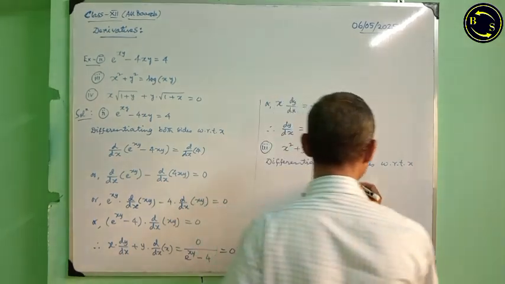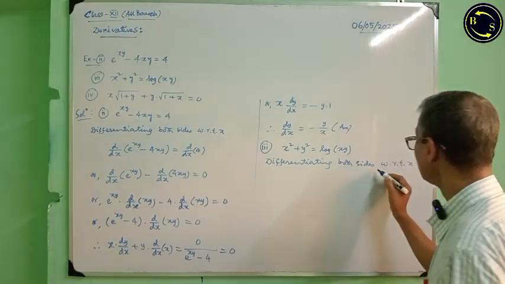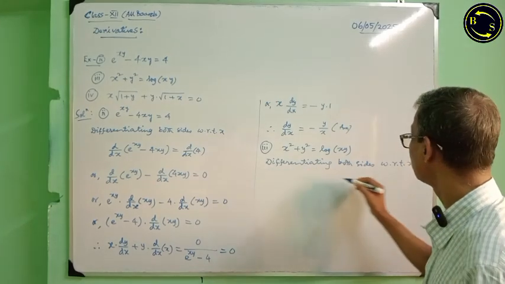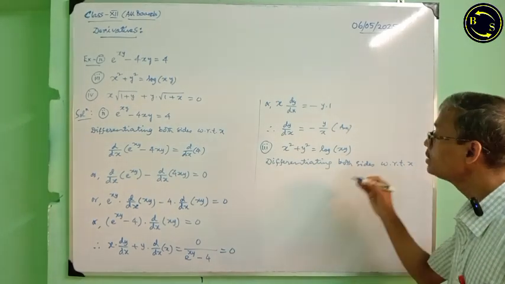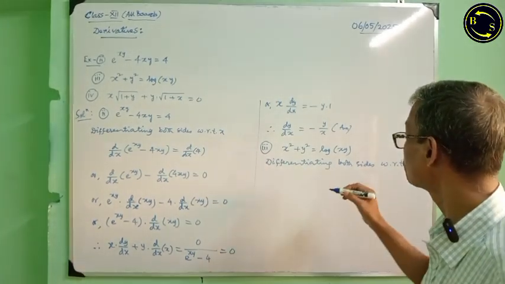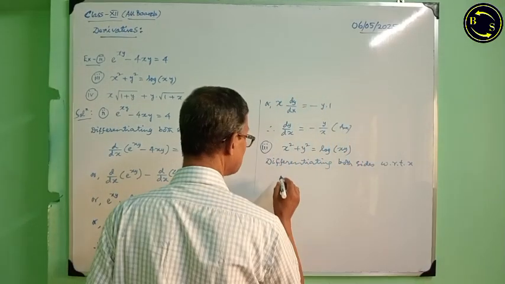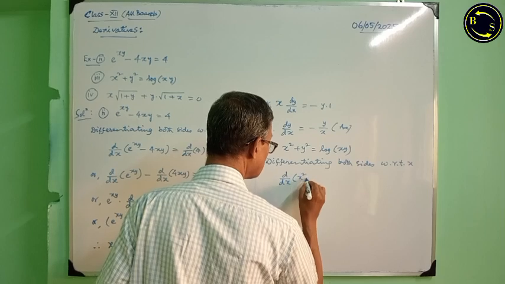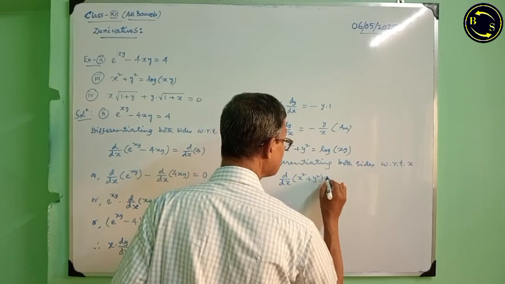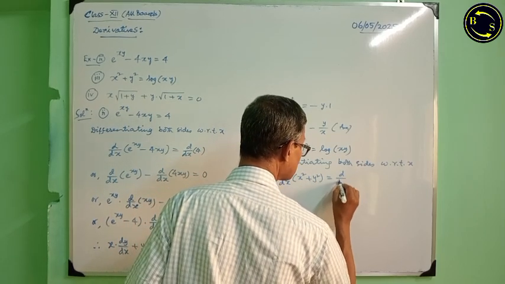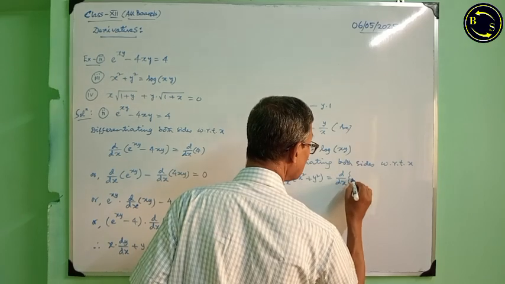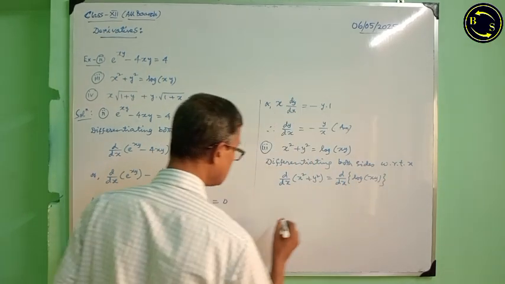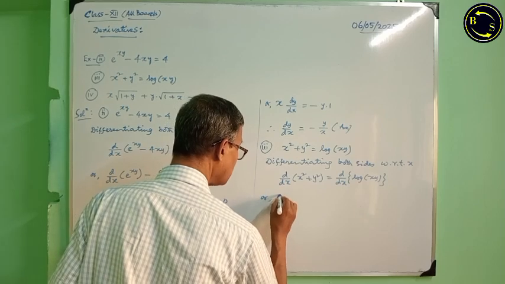We can skip both sides also. Just we can write differentiating with respect to x. Meaning is differentiating both sides with respect to x. Then d/dx of x square plus y square is equal to d/dx of log of xy.